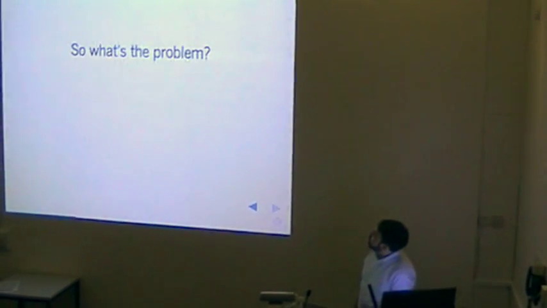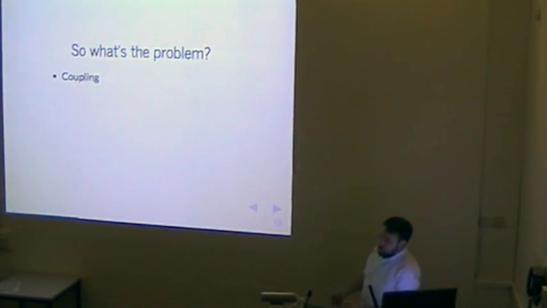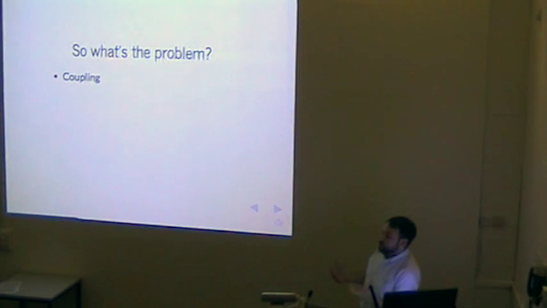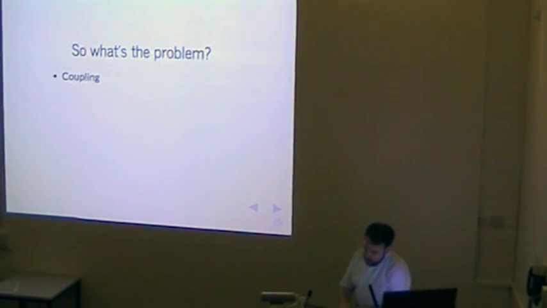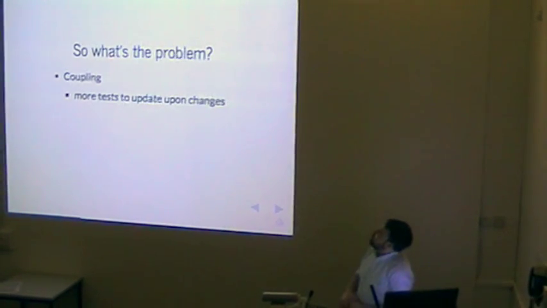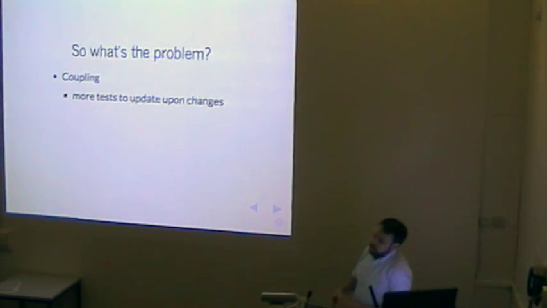What's the problem? Well, it starts to put coupling into your test suite. When you're architecting a system, you spend a lot of time trying to remove coupling from your software, and now you're putting it back in your test suite. If you change anything, you've got to update more tests.